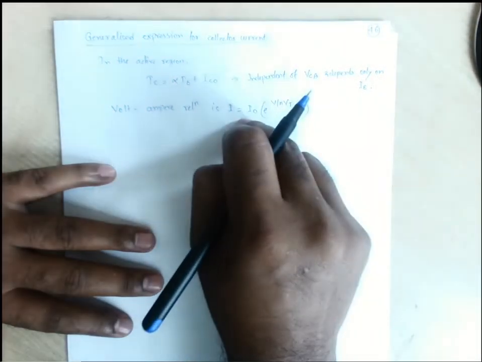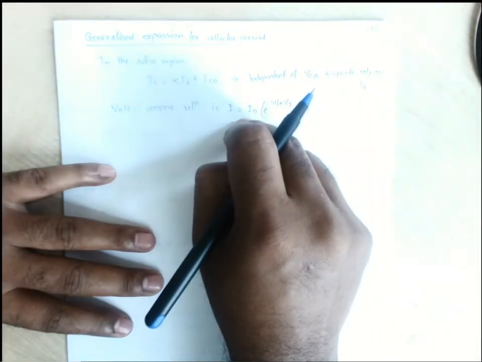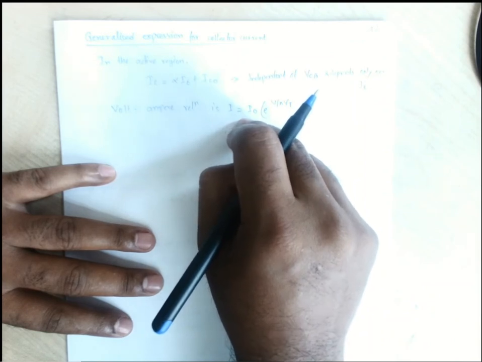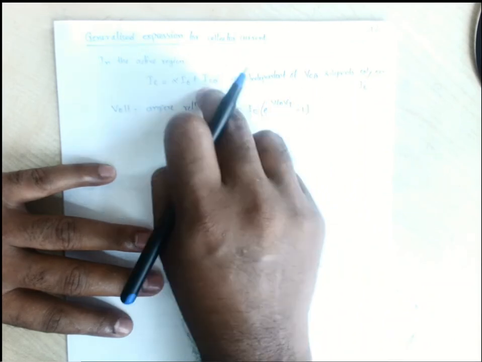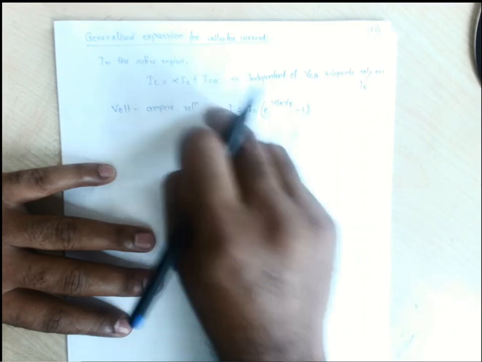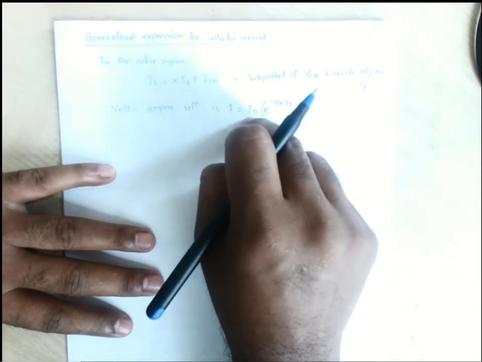What is this I naught? I naught is the reverse saturation current. So this I naught can be replaced by this ICO, and from this expression we can replace the value here.